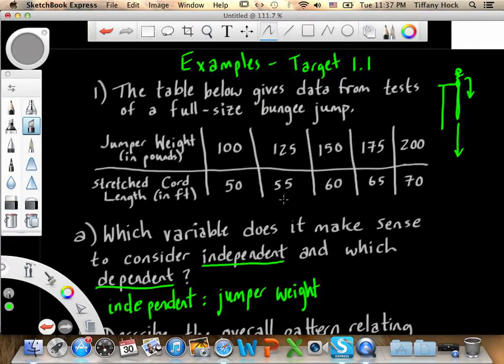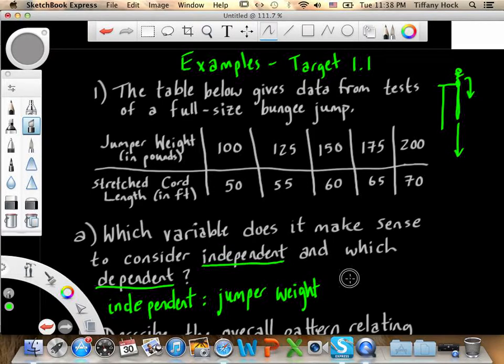They could get a really tight cord that doesn't stretch a lot, or they could get a loose one that stretches quite a bit. But that does not affect how much a person weighs. If you go bungee jumping, you're not going to ask them how much the cord stretches, and then that's going to affect your weight. Your weight will not be affected at all by the cord length.